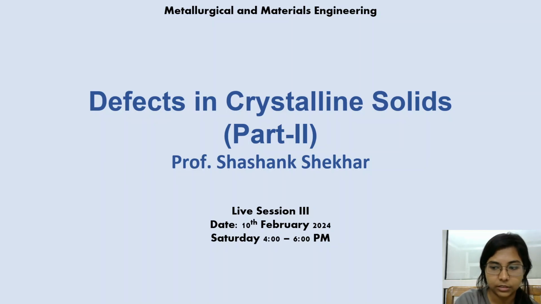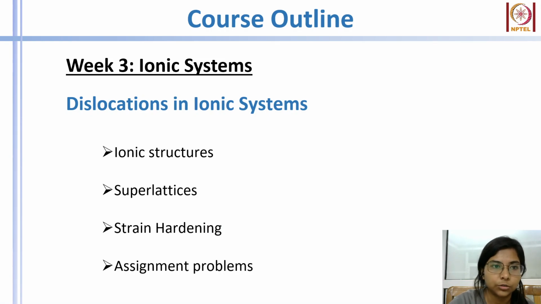So let's get started. This is the course outline, and this is week 3. We will be talking about ionic systems and the dislocations in ionic systems. We will learn about the different types of ionic structures like B1, B2 and so on. There are many more.